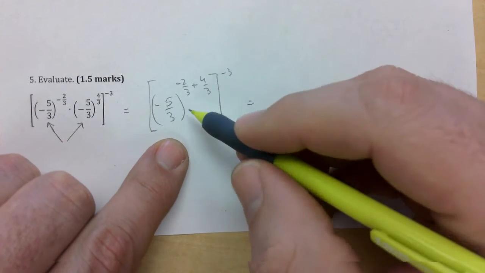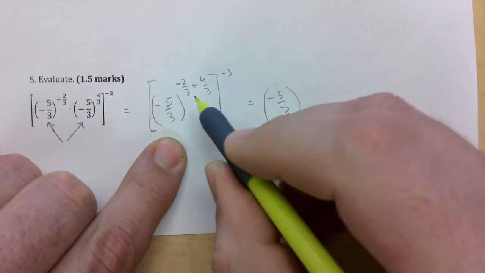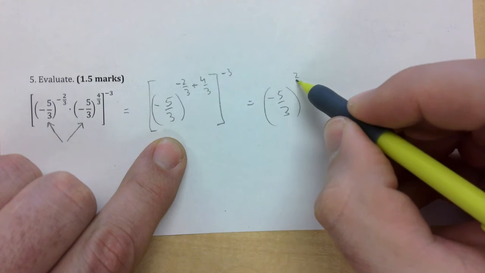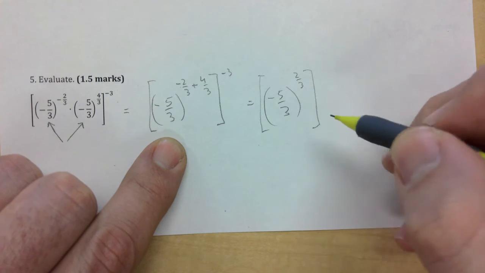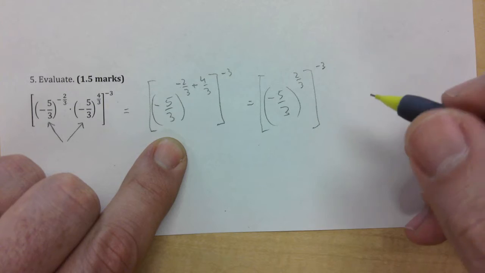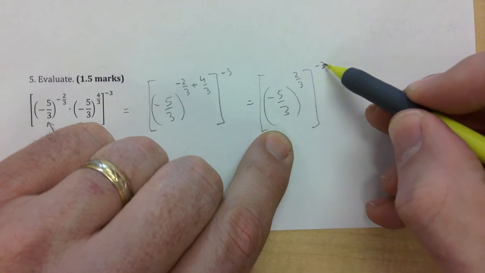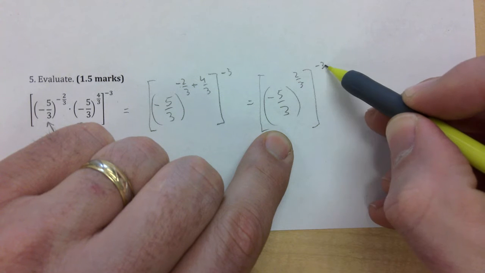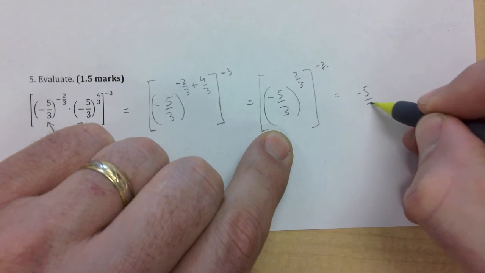You get negative 5 over 3, this gives you 2/3. All of that is to the power of -3. And even now, I would not flip or anything. I would multiply these two now because it's a power of a power rule, right?